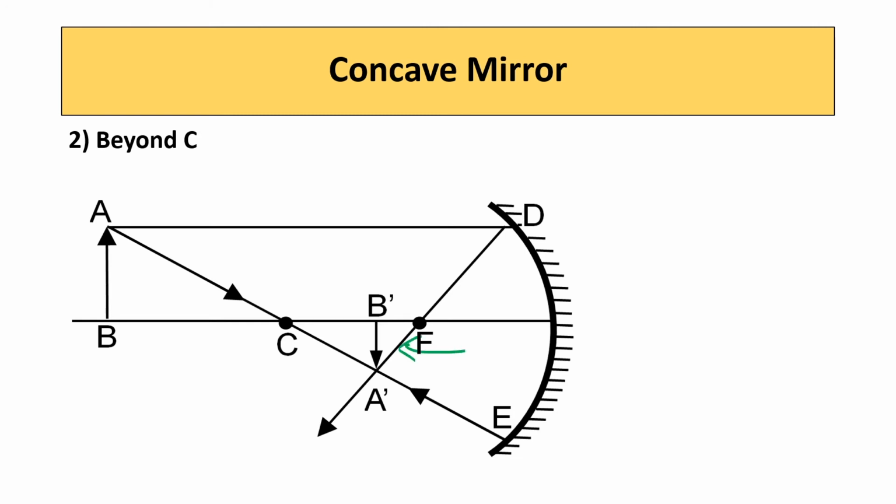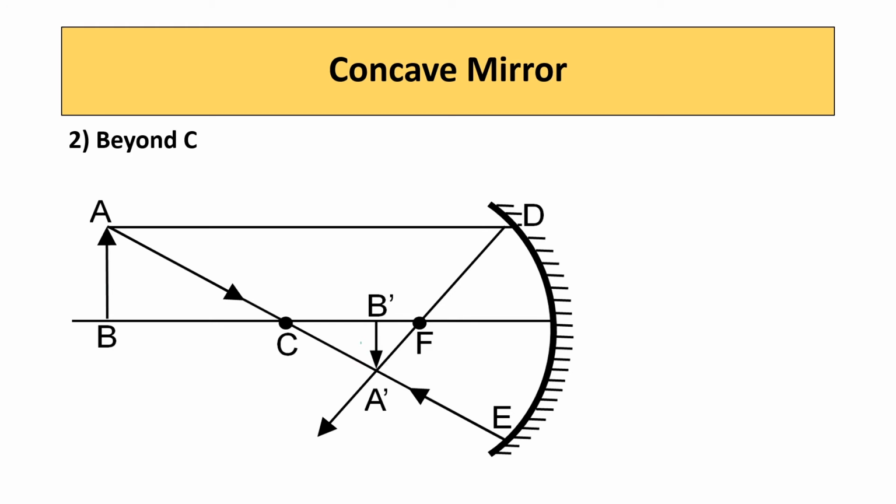These two rays meet, actually converge at this point where you get the image. The image is real, it is inverted, and it is of the smaller size. The object size is this much. Look at the image size, it is smaller.